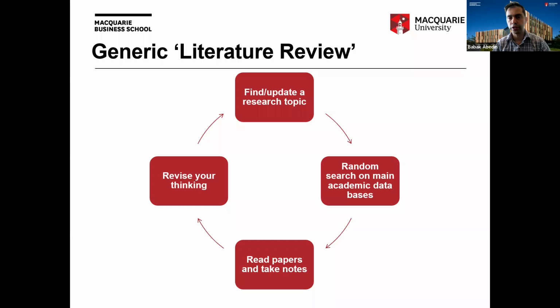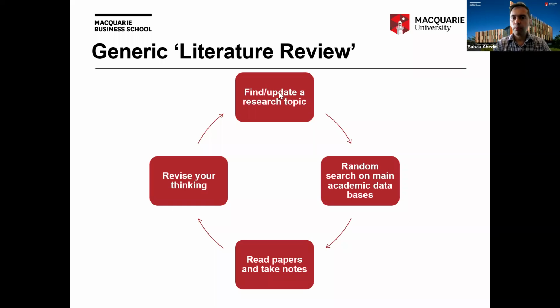So we start with the question, then you use some websites and your own keywords. If I asked participants to nominate keywords, you would all come up with different ones. Then you do some reading, look up papers, take notes, and then you document and summarize your understanding in your literature review.